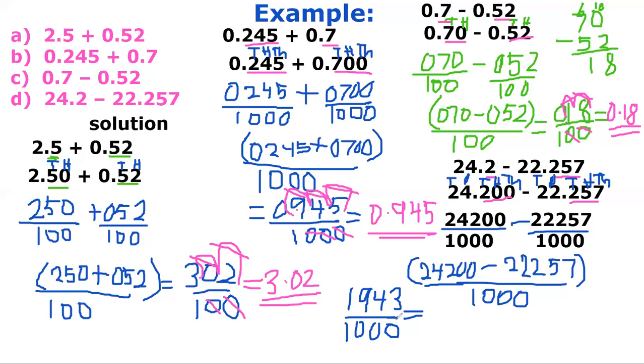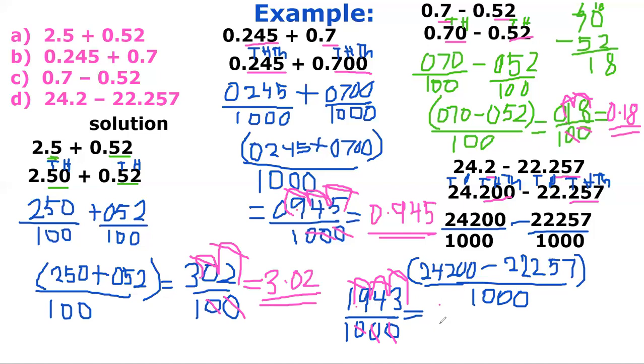Here there's no point, so you have to insert your point. Because it's over 1,000, you make 3 movements starting from the back. 1, 2, 3. Each step will cancel 1 zero. Where the steps end, that is where you locate your point.